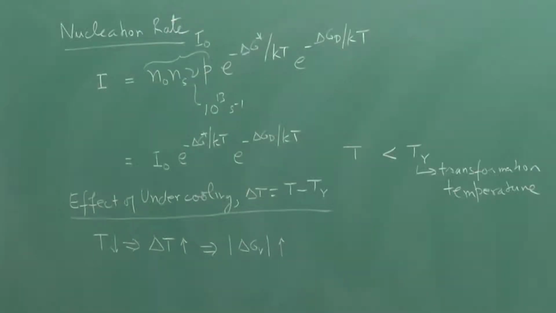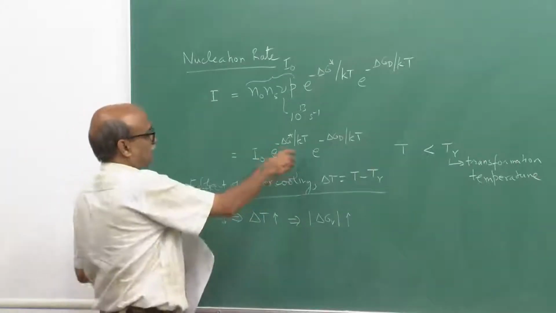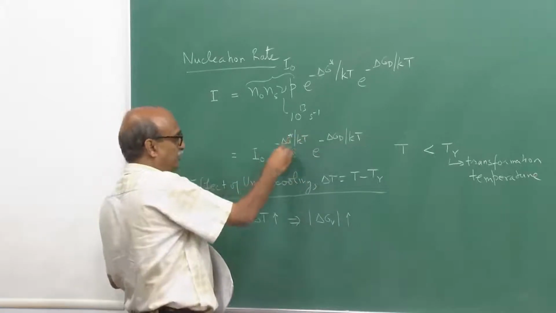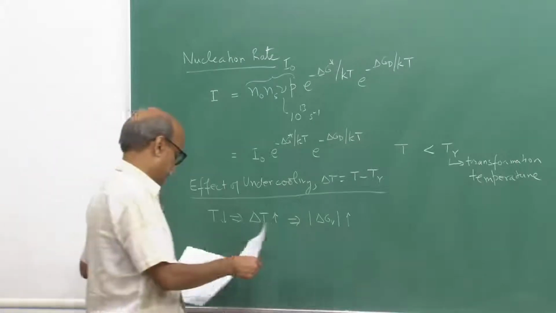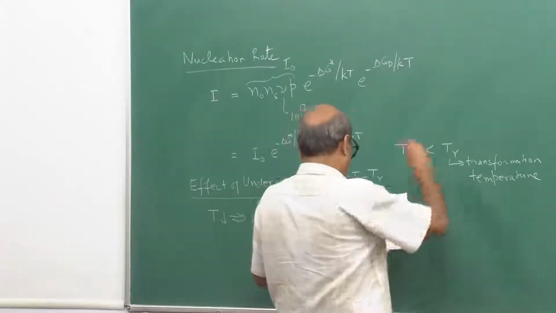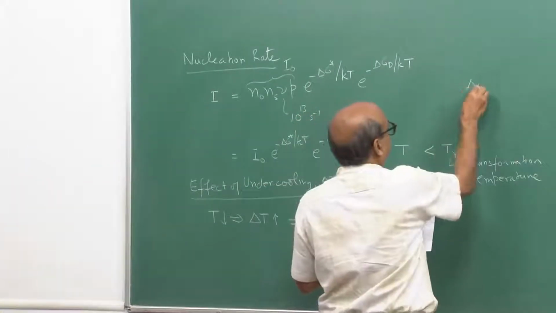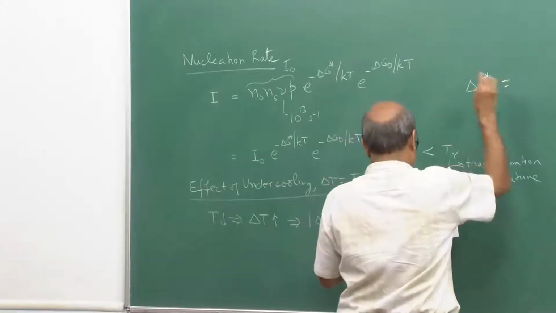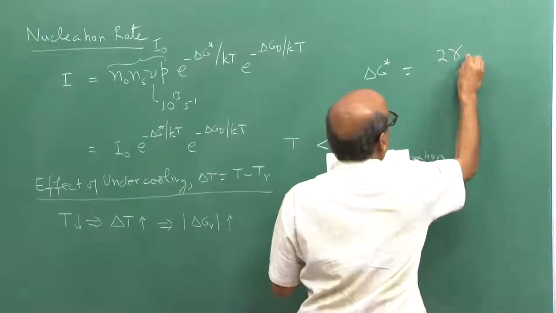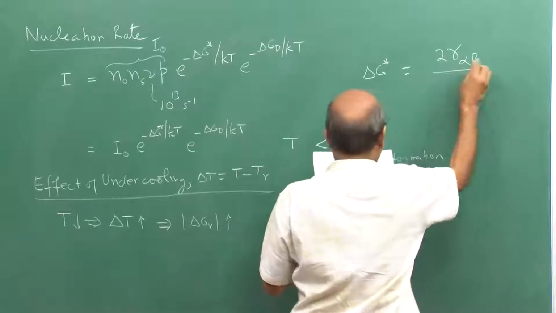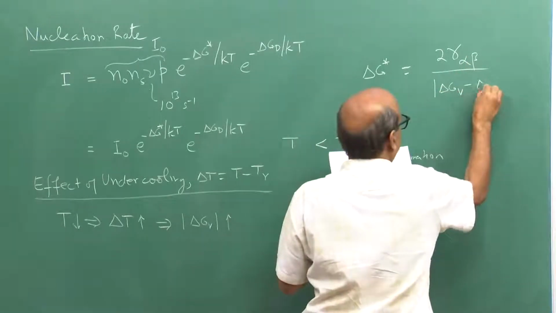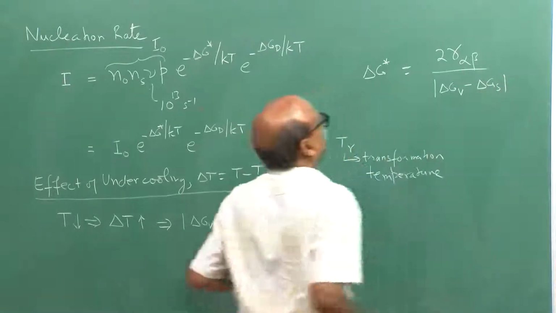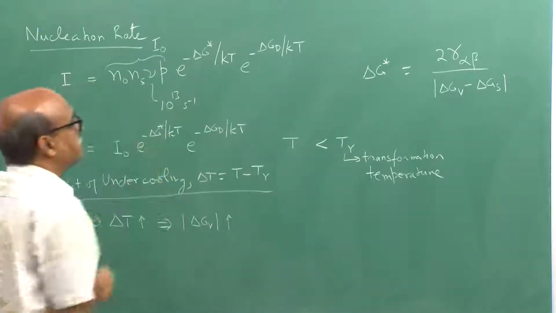But as a result, we can analyze what is the effect on delta G star, where we had already written delta G star to be equal to 2 gamma alpha beta divided by delta GV minus delta GS.